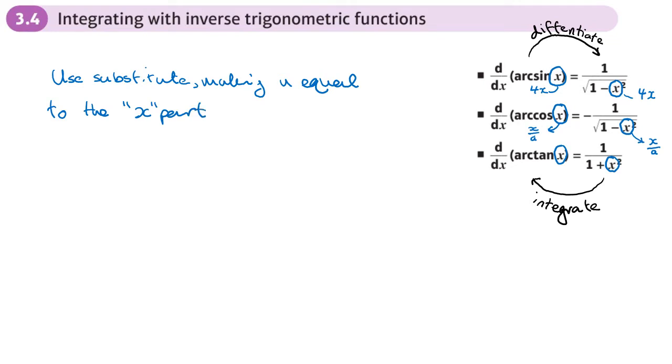Now what I mean by the x part is this bit here. We make u equal to that, and then when we go over to this side we're going to have arc sine u, arc cos u, arc tan u, and then we can substitute back. So that's the method we're going to use. We really want to make our questions look like this. They need to be one of these three formats.